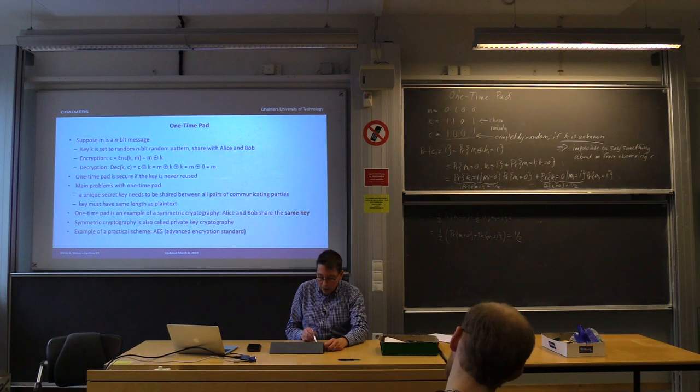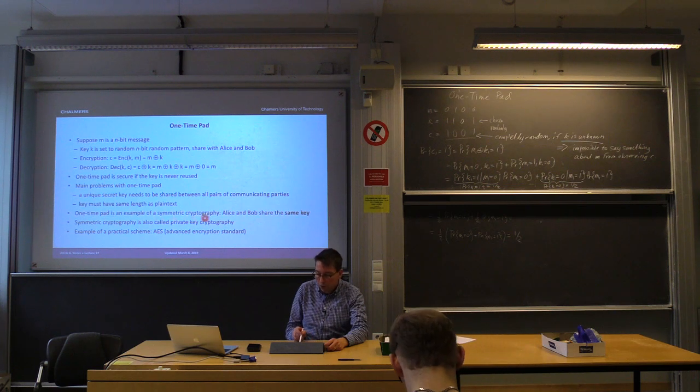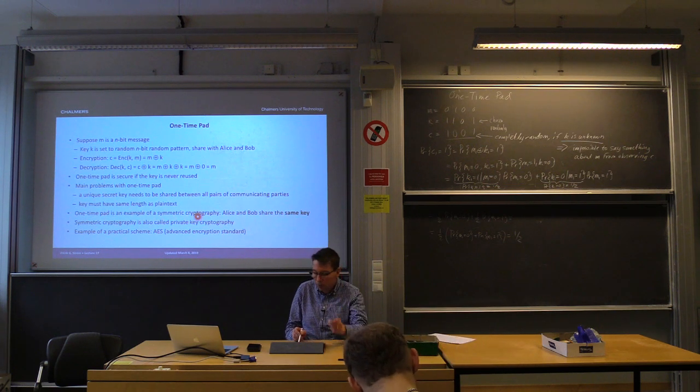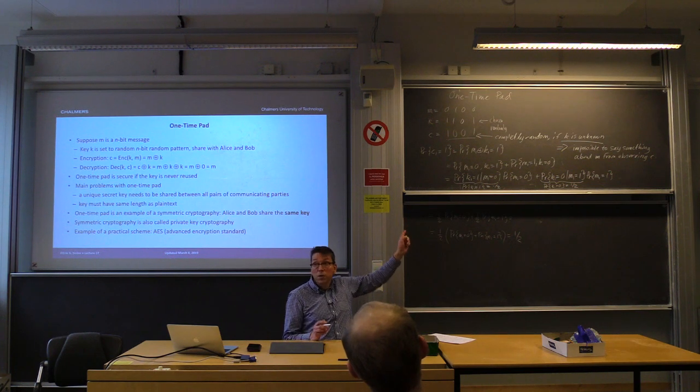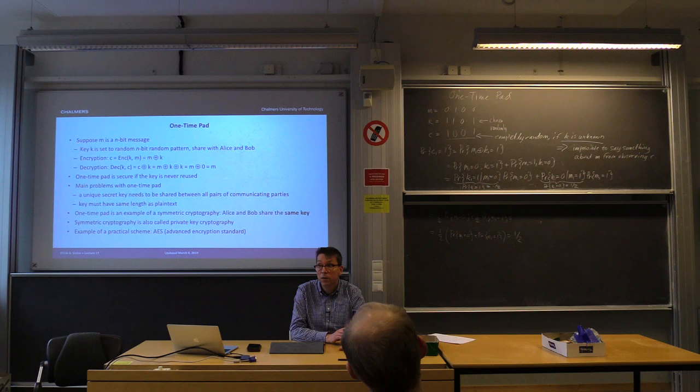But this is an example of what's known as symmetric cryptography. And symmetric means that Alice and Bob share the same key. Is this the safest way to transmit secure messages? This one? Yes. This is a perfect scheme. There is no better. There might be others, but there is nothing better than this. Assuming that you solve the key distribution problem.